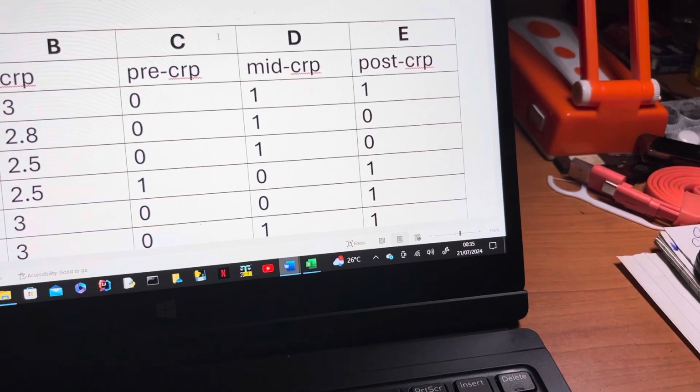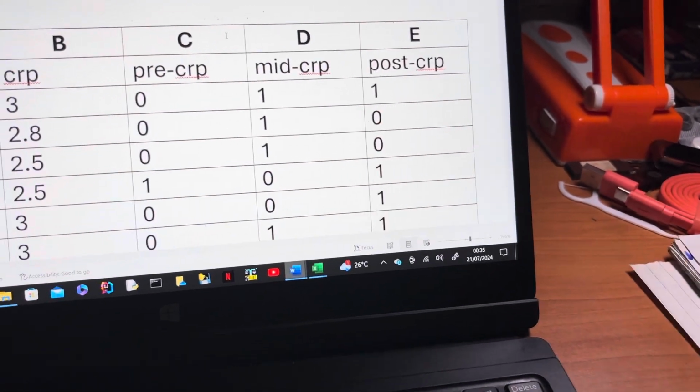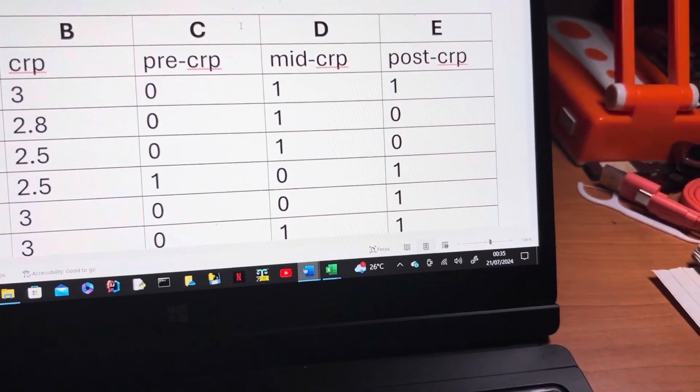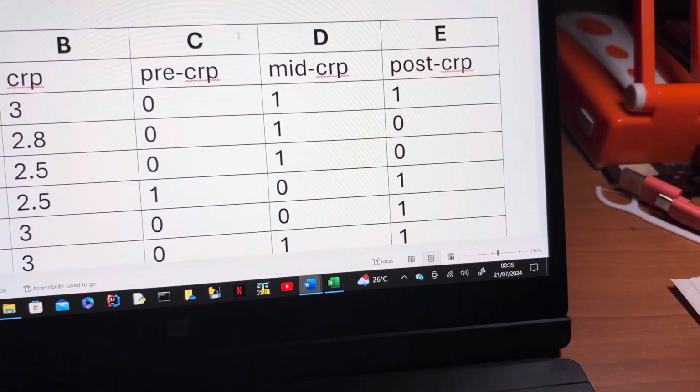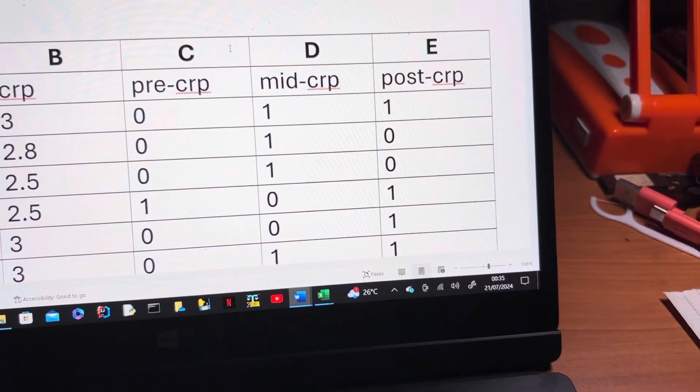Now you can see there's a 0 value here, which means that before this, it was noted that this particular subject did not have any reduction in the CRP.